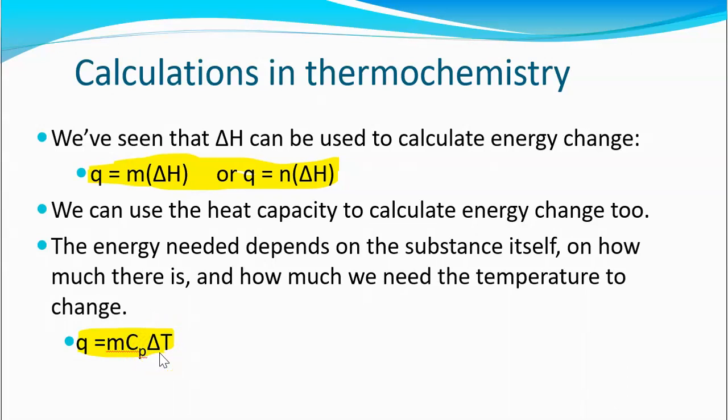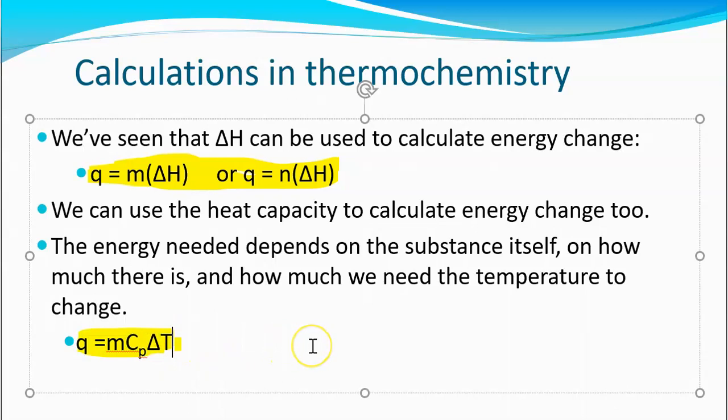You remember from our very first video on thermochemistry that delta means change. So in this case, I have a change in temperature, which is not something I saw in my earlier equation when I was just dealing with how much heat came from 4.1 moles of sodium hydrogen carbonate.